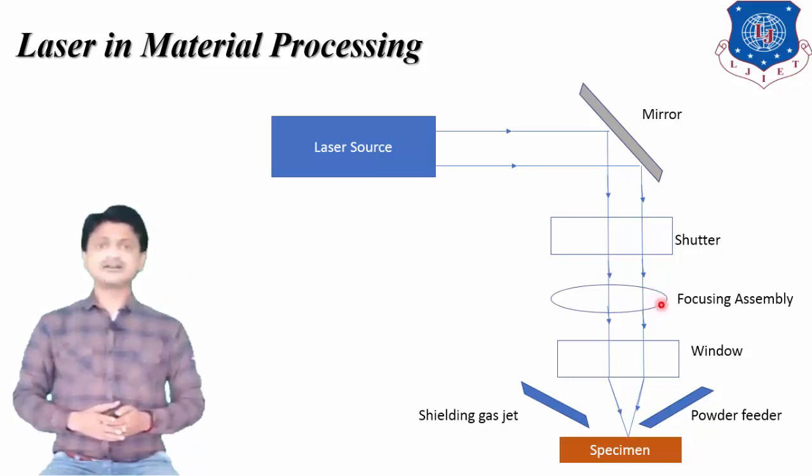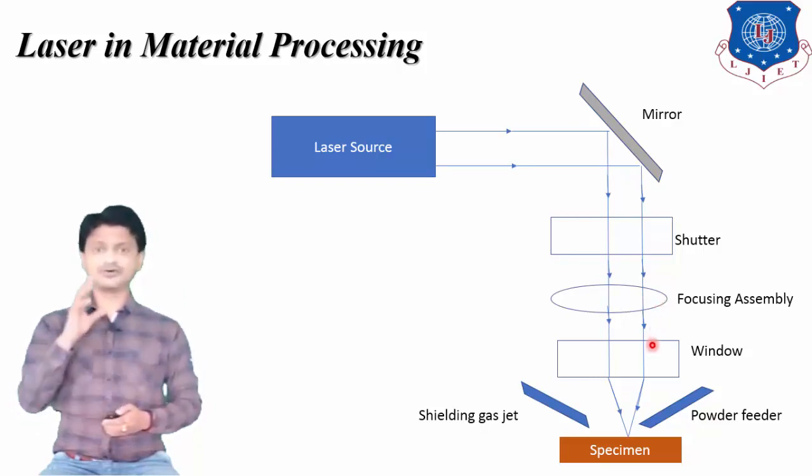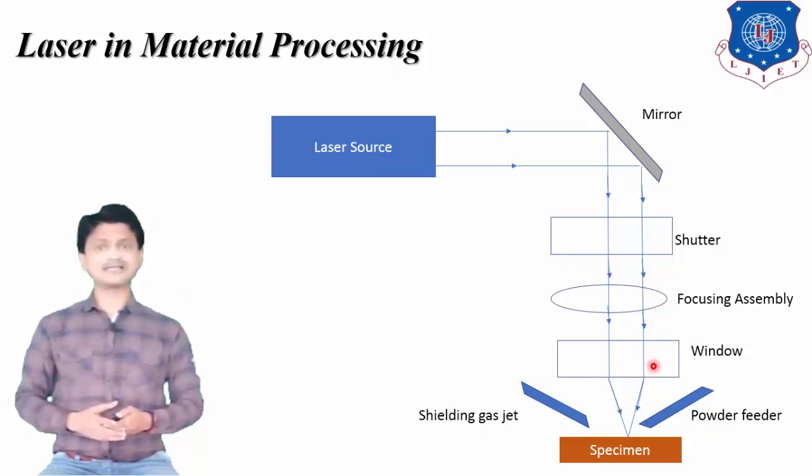This lens focuses the fine beam onto the window and it is made to be incident on the specimen. Here you can see in the figure that the beam through that window is applied onto the specimen.